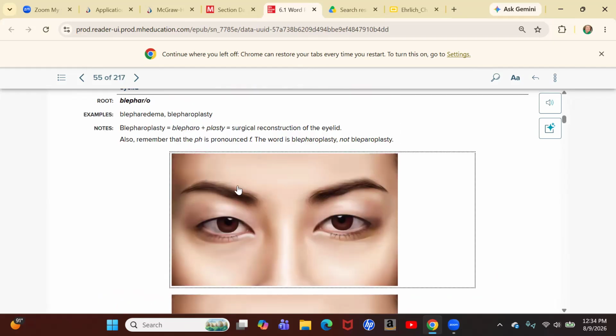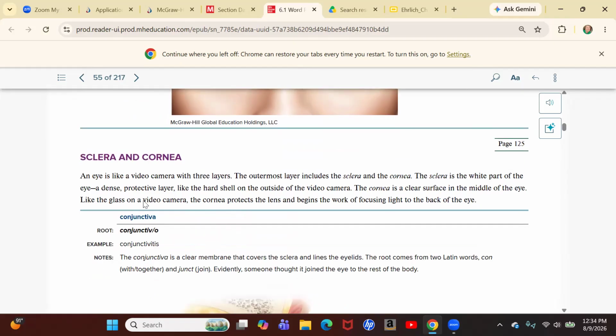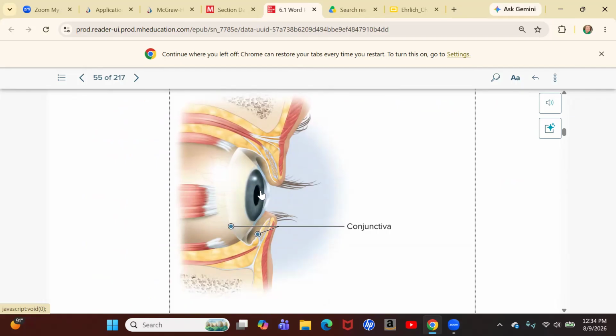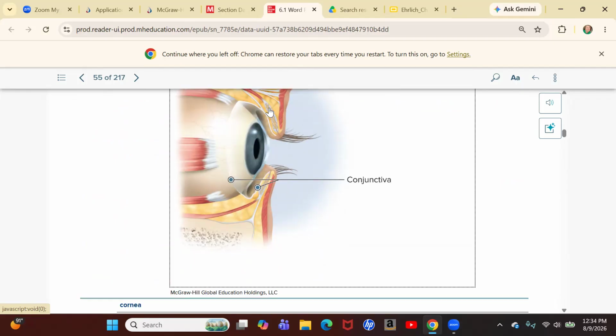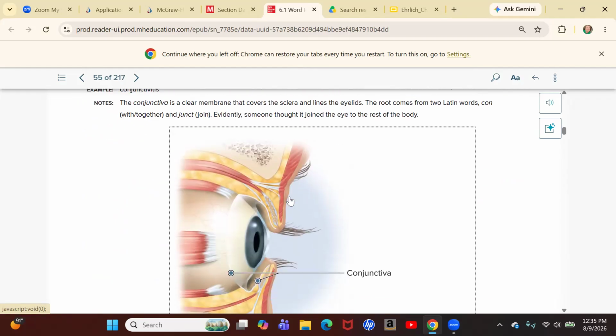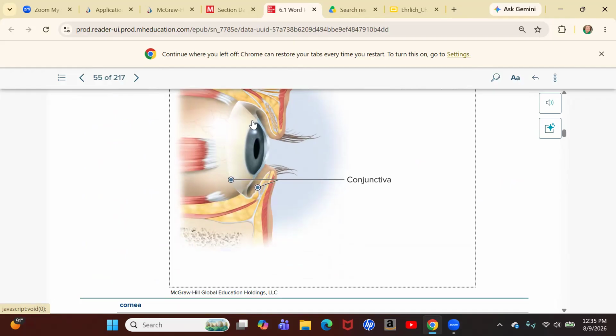So kind of like an eyebrow, an eyelid lift here, blepharoplasty. When we look at the internal anatomy of the eye, or excuse me, we're still looking at the external globe here. This is a very good picture of that conjunctiva membrane I mentioned before. It's the clear membrane that covers the sclera and lines the eyelid.